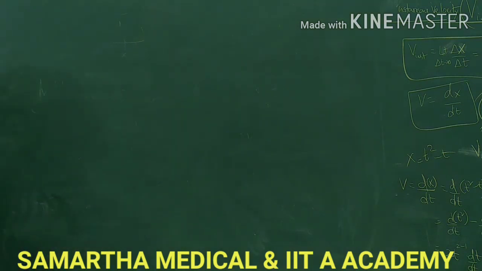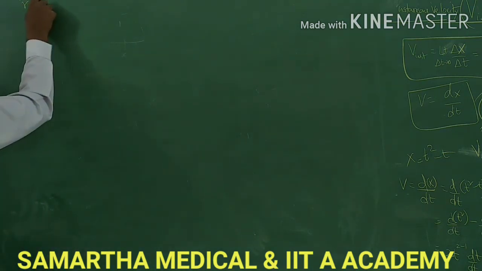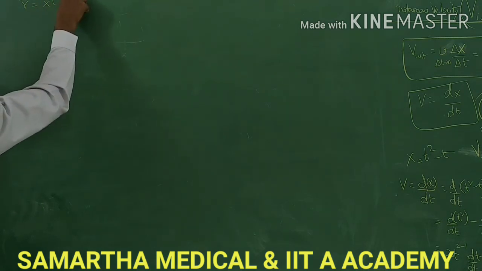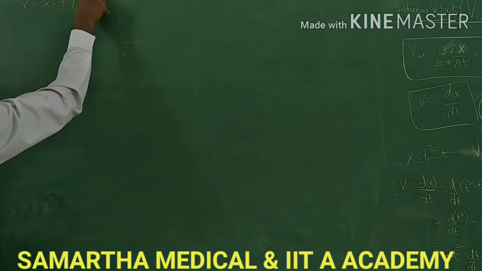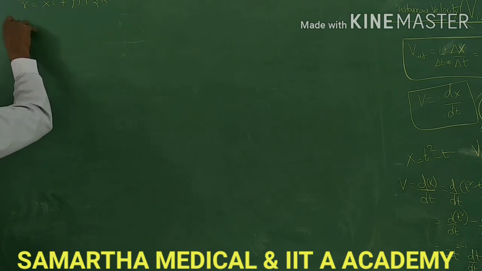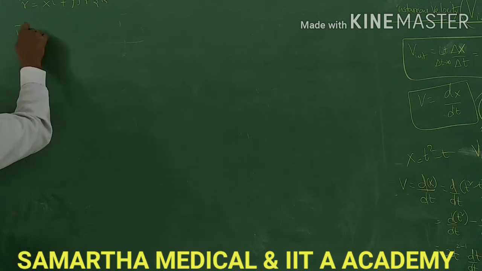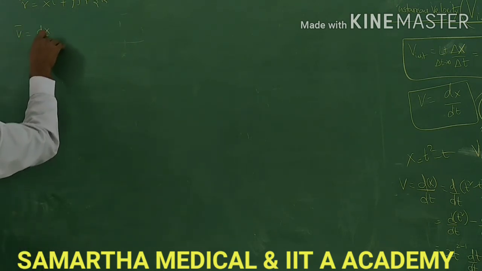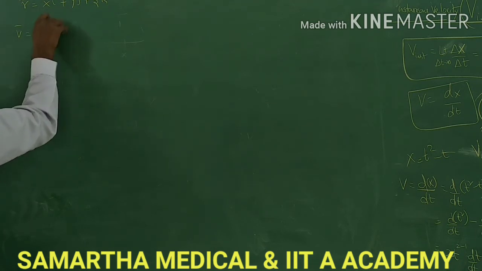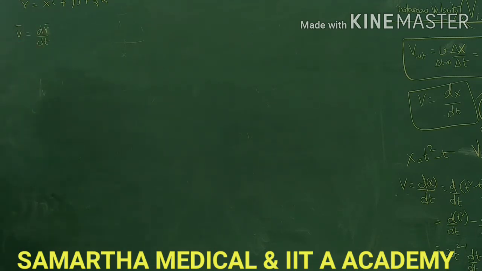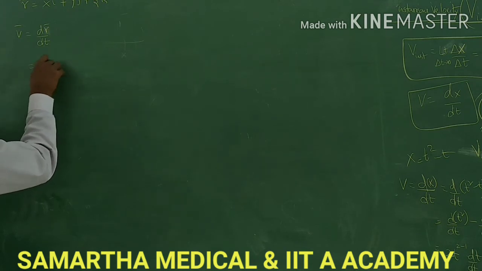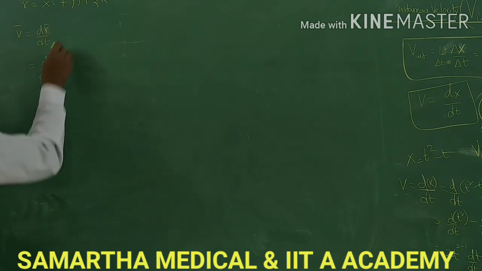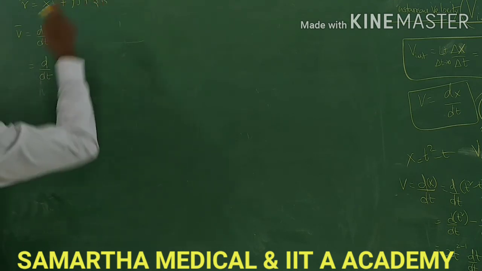Suppose the position vector of a particle is given as r bar equal to x i cap plus y j cap plus z k cap. Then if they ask for the instantaneous velocity, v is equal to d by dt of r bar, the position vector.